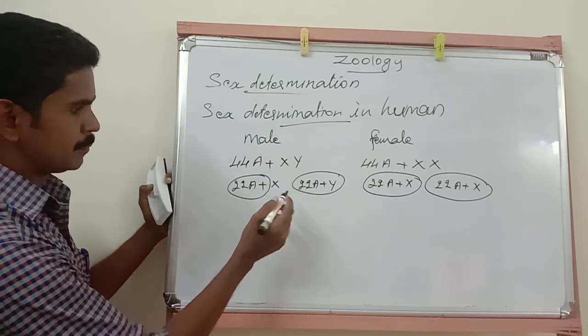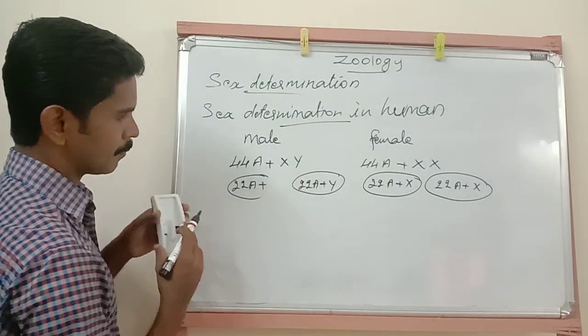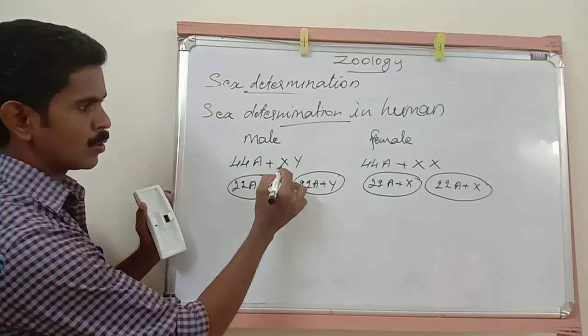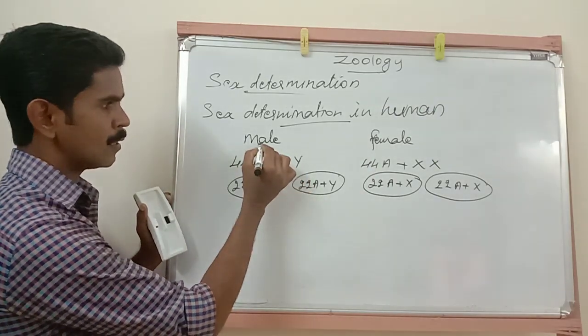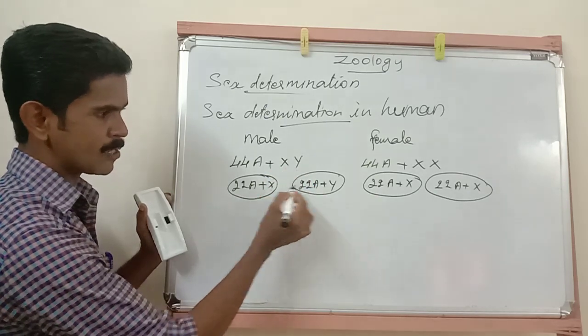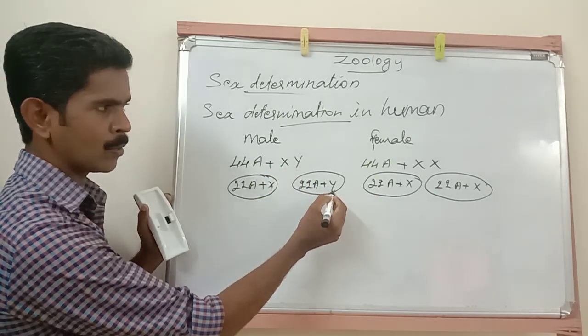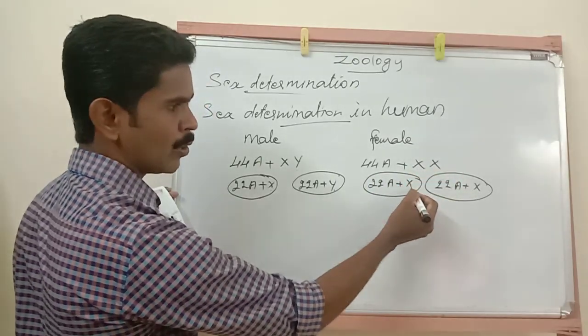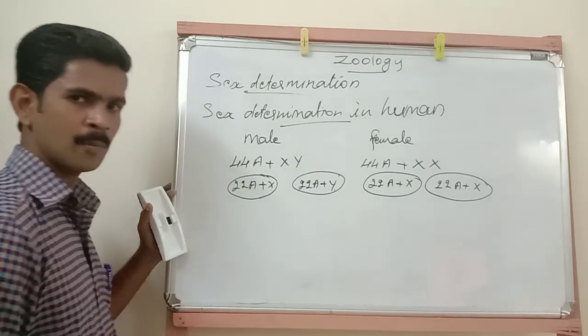So two sex chromosomes are present in male. One is an X chromosome and another one is a Y chromosome. Here I have taken the X chromosome, here I have taken the Y chromosome. In female, both sex chromosomes are X. This is one X chromosome, this is the second X chromosome.